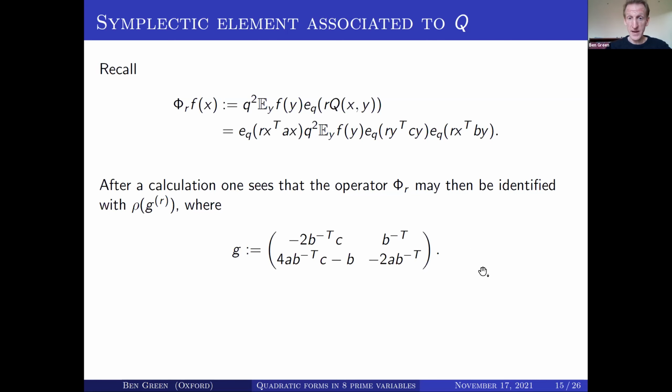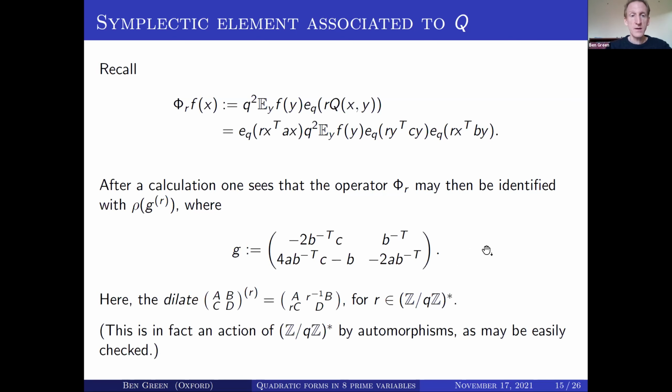And so this is an 8 by 8 matrix G. And G to the brackets R means that I twist that G by what I call a dilate. So the dilate of a symplectic matrix A, B, C, D, you take the B and the C and you divide B by R and multiply C by R. So this operation of dilation actually gives you an action of Z mod QZ star by automorphism.